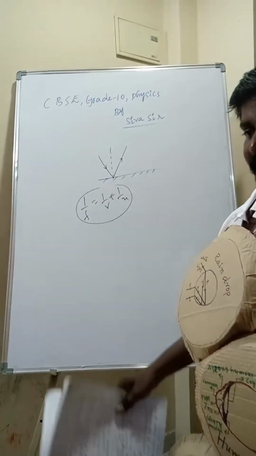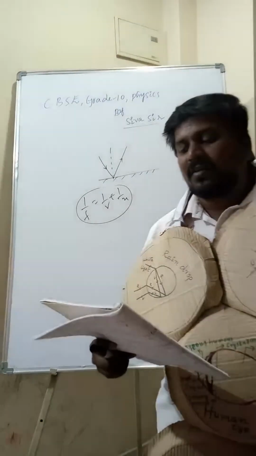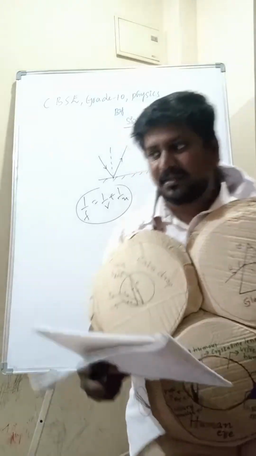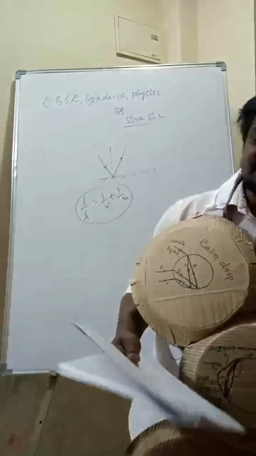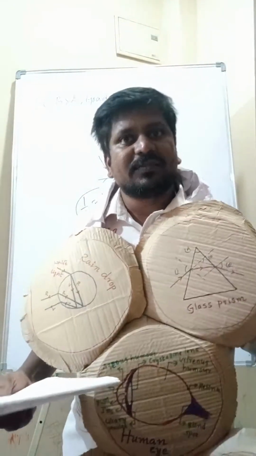Okay, fine. Next, magnification. It is the ratio of the height of the image to the height of the object. These are definitions, right? So all the discussion is only going on, that's why no problem.